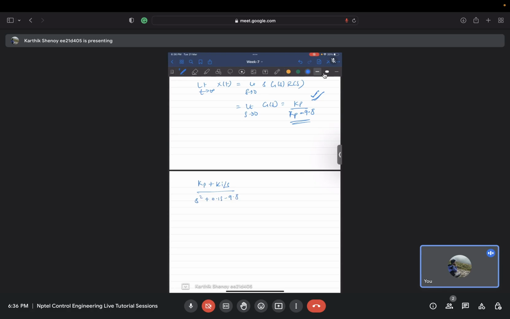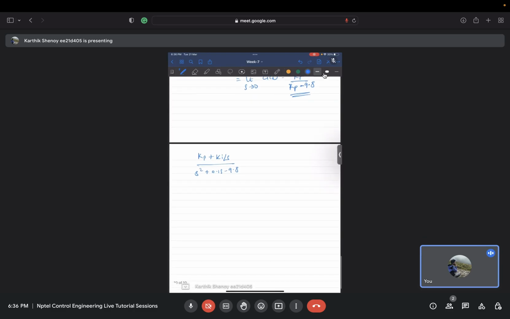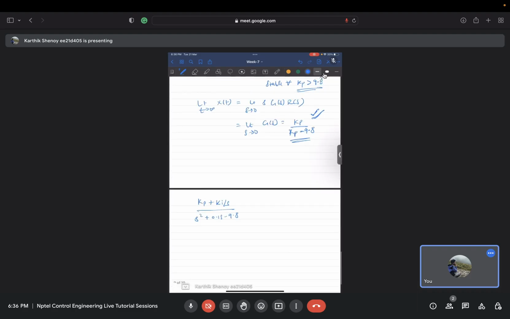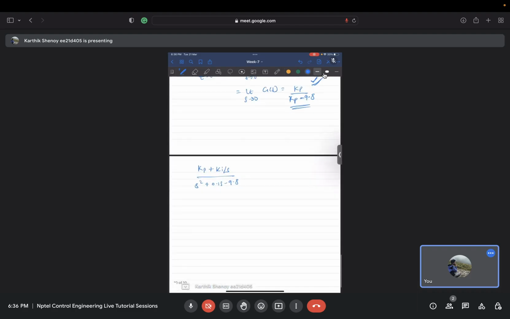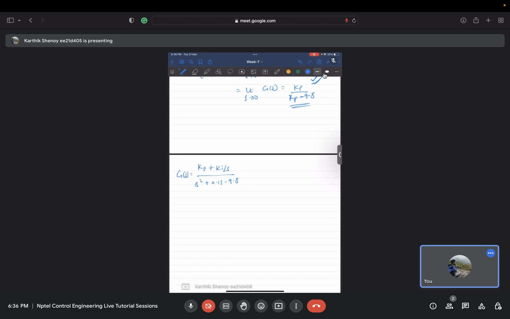If you add an integrator, the order of the system will go up by 1. So what is the closed loop transfer function? X of s by R of s will be equal to Kp plus Ki by s divided by s square plus 0.1 s minus 9.8 plus Kp plus Ki by s.